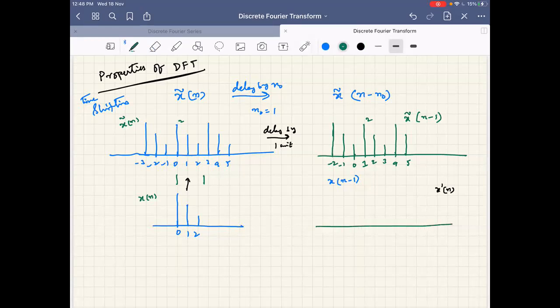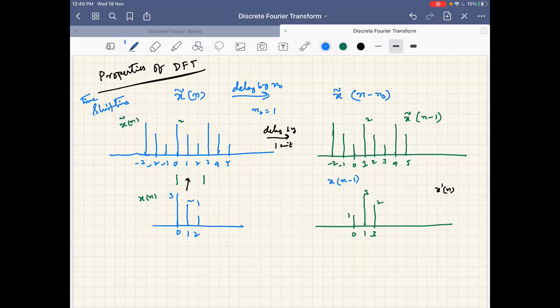I would like to take the same region, 0, 1, 2, the same 3 samples. So how are they? Right, 1, 3, and 2. Here 3 to 1.